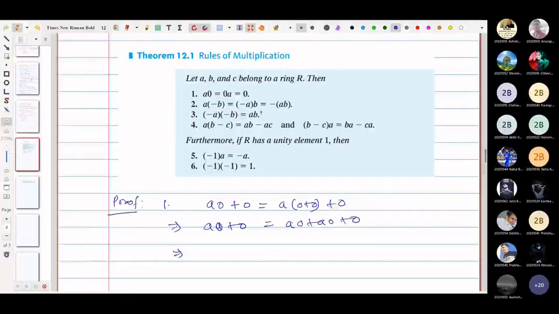From here we can cancel these two. On the left side we have 0, and on the right side we have a0 plus 0. When we add the 0 element, by its property it gives us a0 only. So this implies that 0 equals a0.